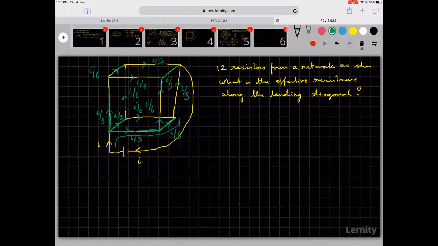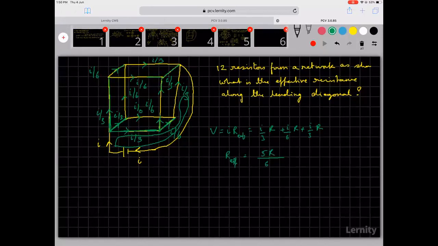Now I have a closed loop here. In this loop, V is equal to I into R effective, which is equal to I by 3 R plus I by 6 R plus I by 3 R. So the net will become, with 6 in the denominator, 2 plus 1 plus 2, 5R by 6.